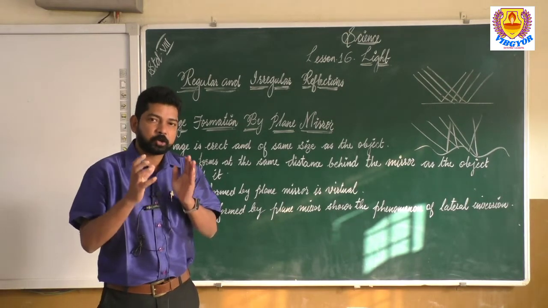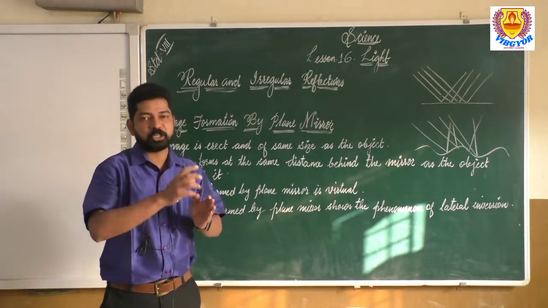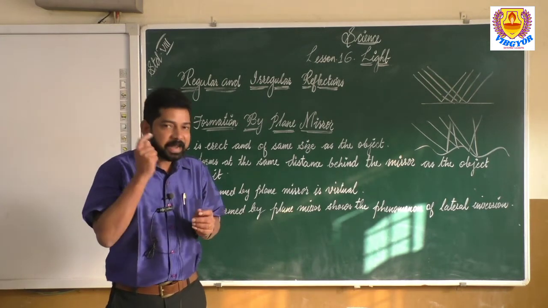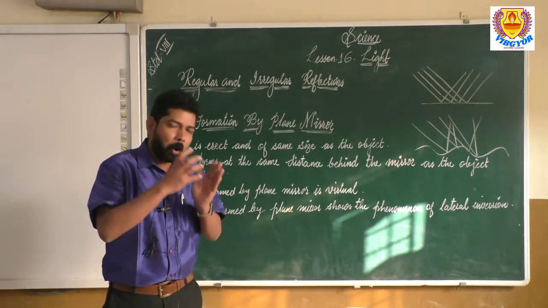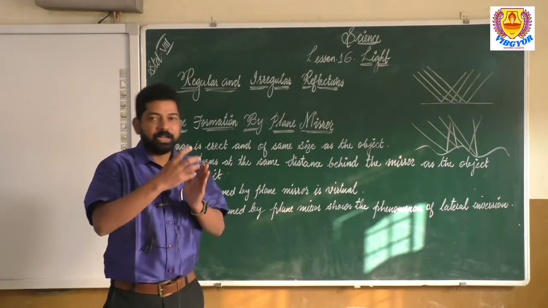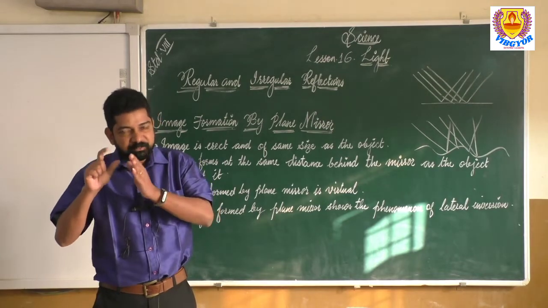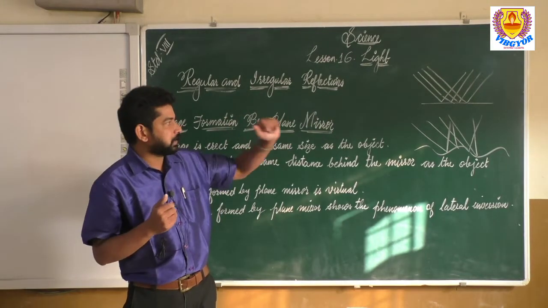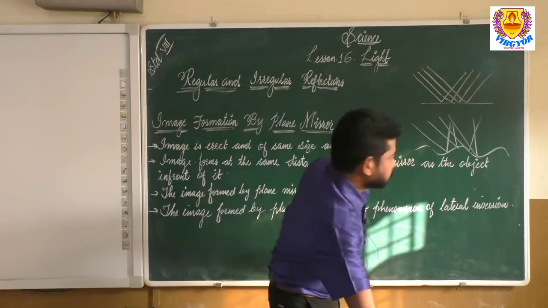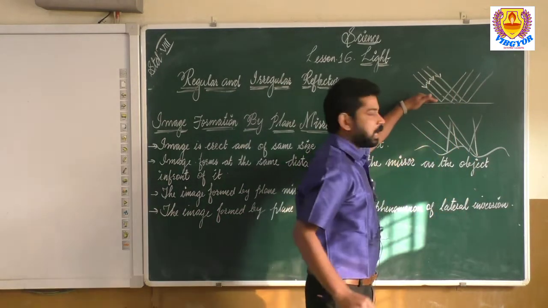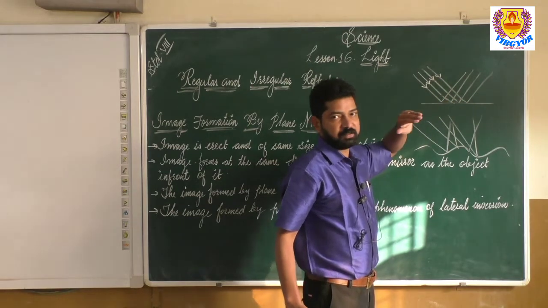When light falls on a smooth and highly polished object, almost all the light will be reflected in a specific direction. A picture is given here: a parallel beam of light rays falls on this highly smooth polished surface.